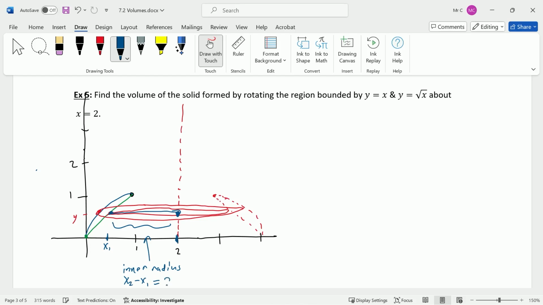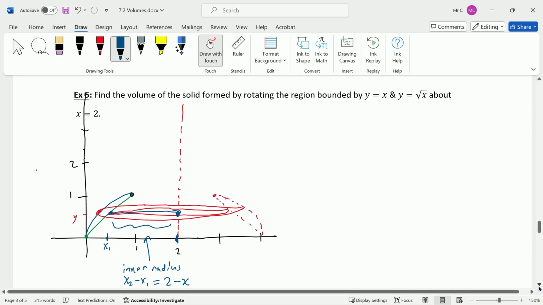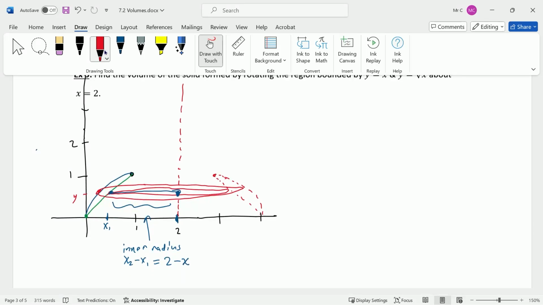So this inner radius is 2 minus whatever x value I have here. But that disk has thickness delta y, dy, so I need to integrate with respect to y. So I have to write this as a function of y. X equals a function of y.